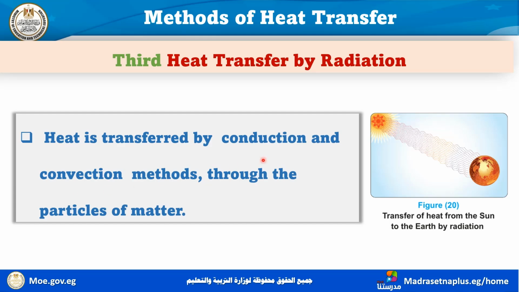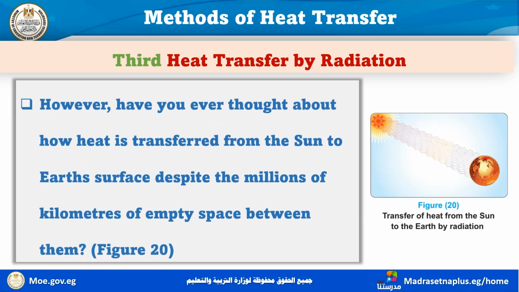In each one of them, we need a medium, we need material and particles to allow the transfer of the heat. So what happens when heat is transferred from the sun to the earth? If we think about how heat is transferred from the sun to the earth across the millions of kilometers of space between us and the sun, let's think together.